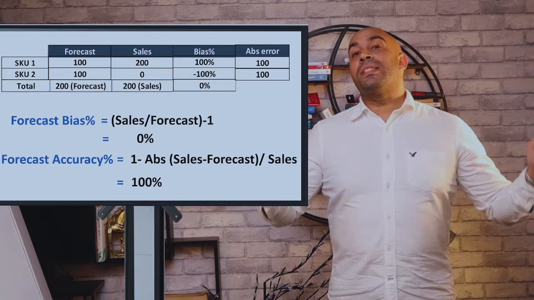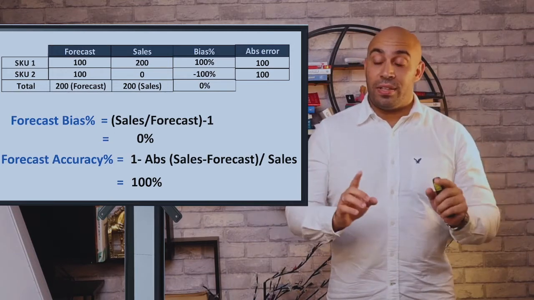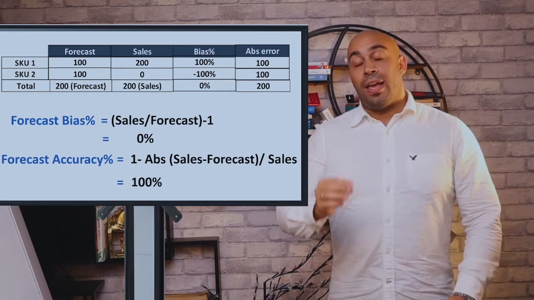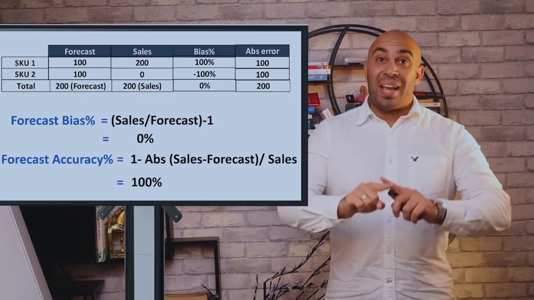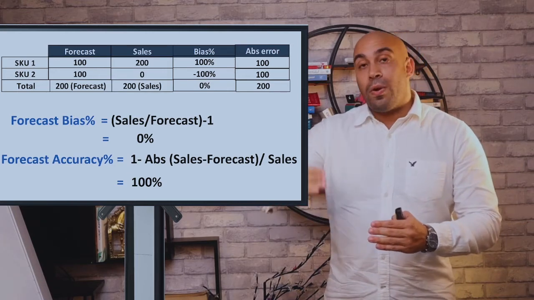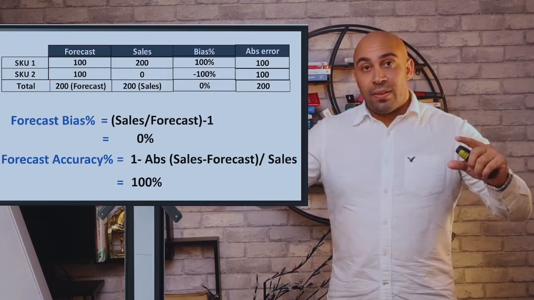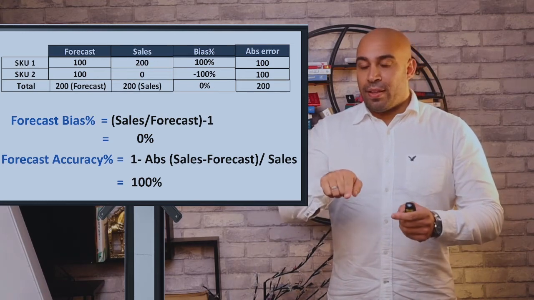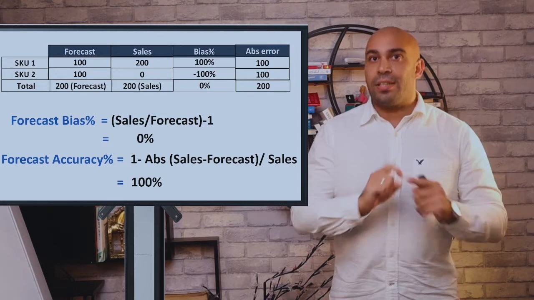And when we calculate the forecast accuracy, we need to take this into consideration, which is the absolute error at each SKU level, not at a total level. We accumulate whatever errors on each SKU, and this will be our absolute error. Let's take the example this time for our forecast accuracy at SKU level.